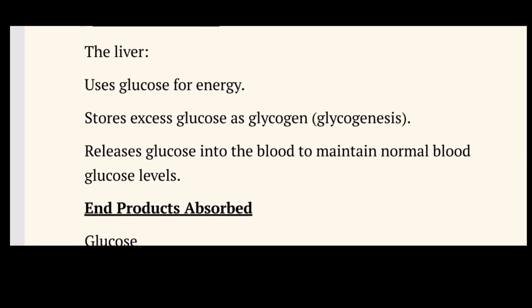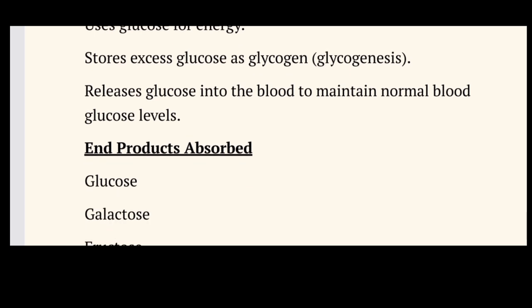It stores excess glucose as glycogen. When there is excess glucose in the blood, the liver stores it as glycogen through glycogenesis. We'll see glycogenesis in upcoming videos. Then it releases the glucose into the blood to maintain the normal blood glucose level.